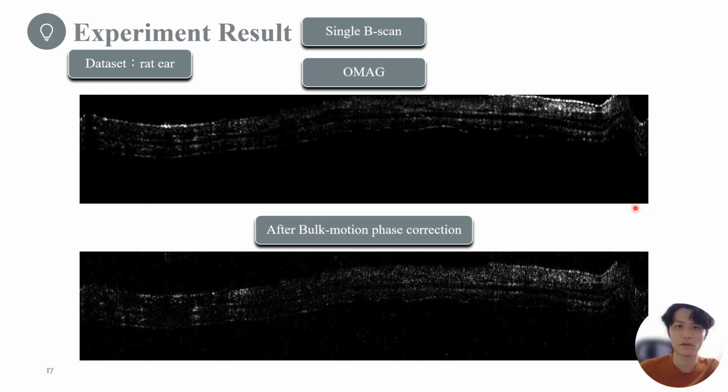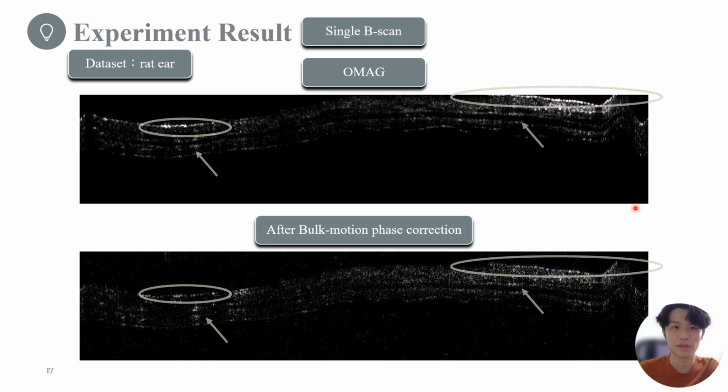However, the effect of this method in removing the bulk motion is not significant in some B-scan images, and we can find that the part of the circle representing the superficial bulk motion is not eliminated, although the part of the blood flow signal the arrow points to is preserved.